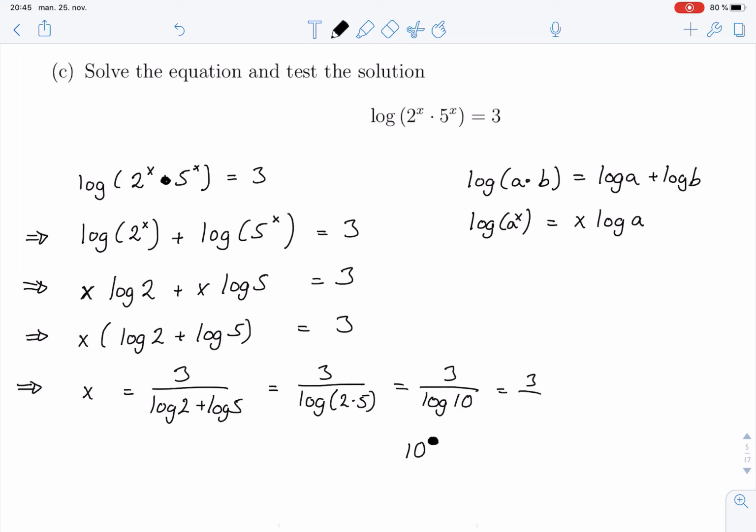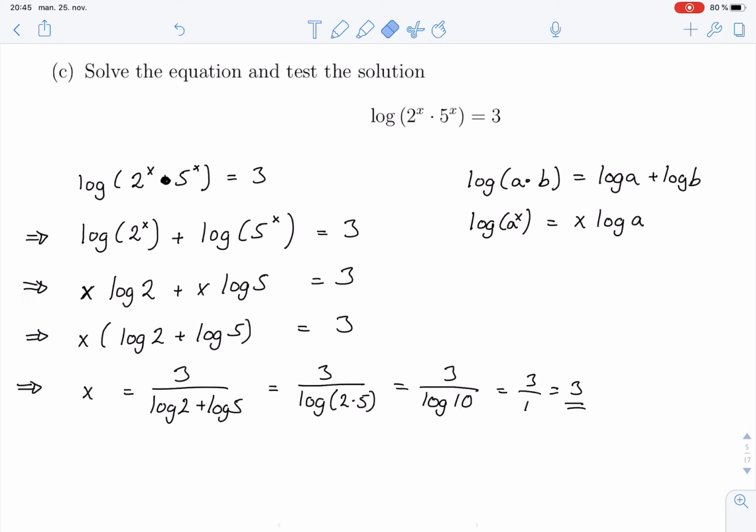So 3 divided by 1, and we get 3. So for example, if we want logarithm to 2, that would be the number we have here in order to get 2. So now we get x equal to 3.